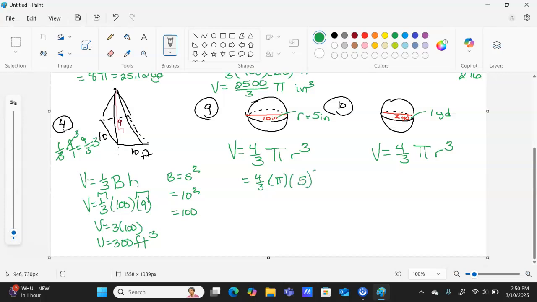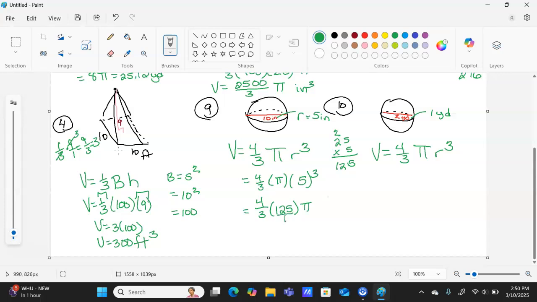Times 5 cubed. 5 cubed means 5 times 5 times 5. So 5 times 5 is 25. Times 5, carry the 2, would be 125. So we have 4/3 times 125 times pi.